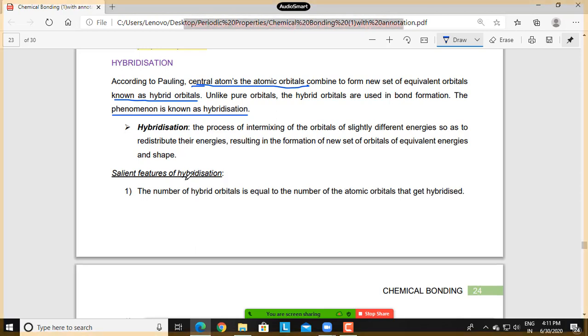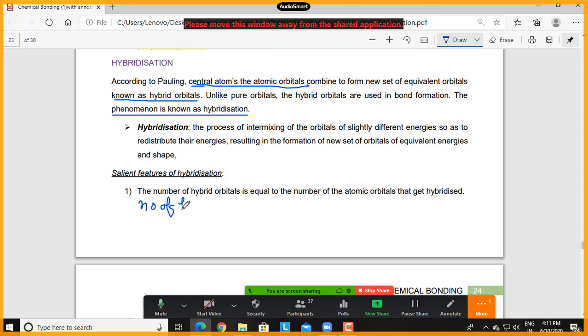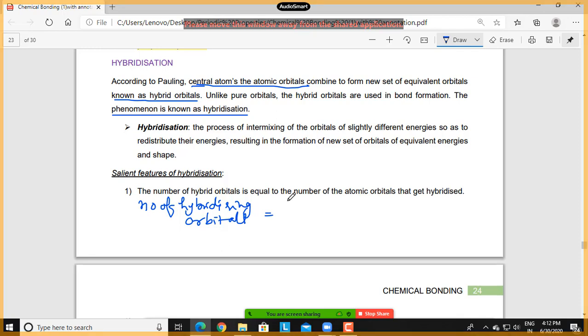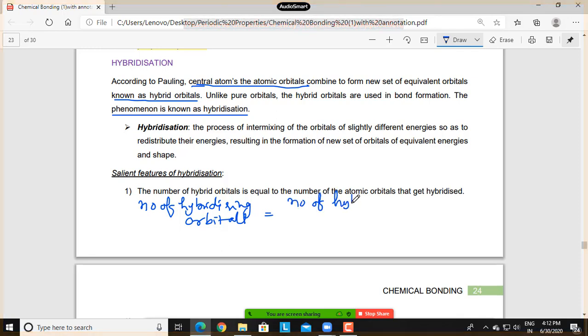As I wrote earlier, the number of hybridizing orbitals must be equal to the number of hybrid orbitals.